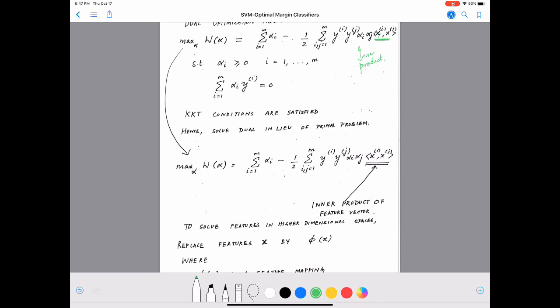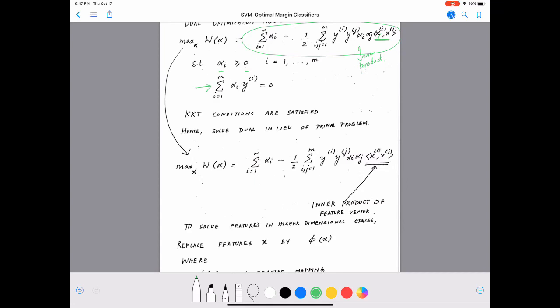Now, this is why we went to all this pain of converting it to the dual and solving the dual optimization problem. Because the dual optimization problem is maximizing over alpha this term, where alpha i is greater than or equal to 0 and sigma alpha i yi equals 0.